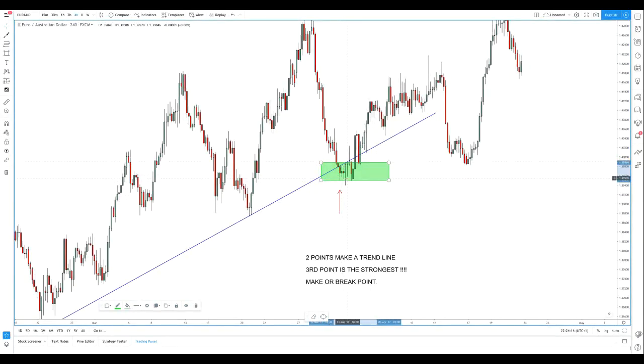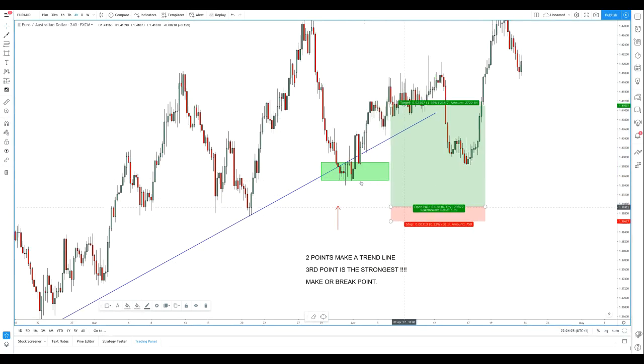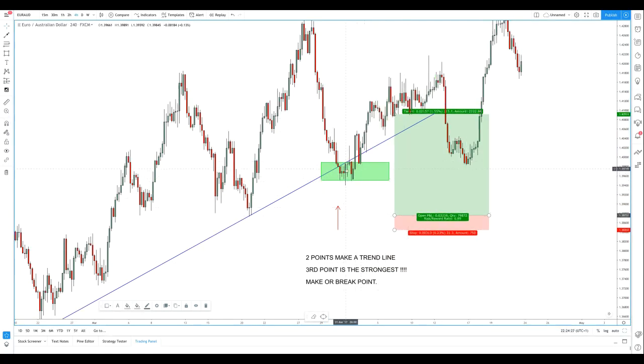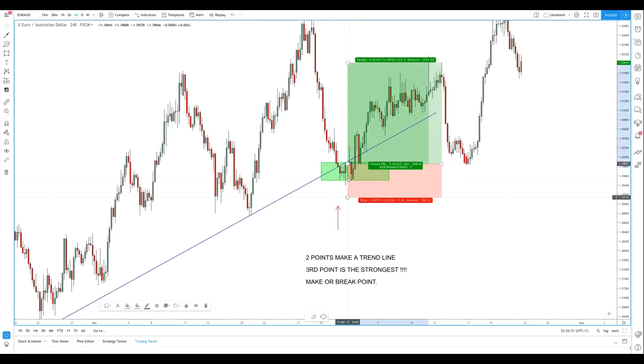A lot of the time we get a manipulation spike to the downside. This is why we have to have that 30-40 pip stop loss, like I said, because we will get pushed to the downside. But once you see what we're looking for, like for instance here, a spike to the downside and a 4-hour pin bar, very, very strong, we know we can take a long off that and put a stop loss just below.